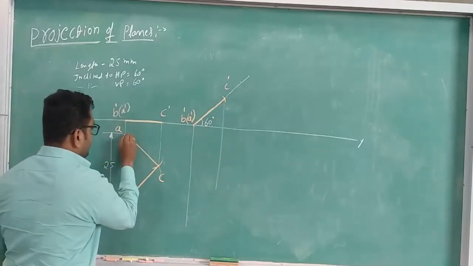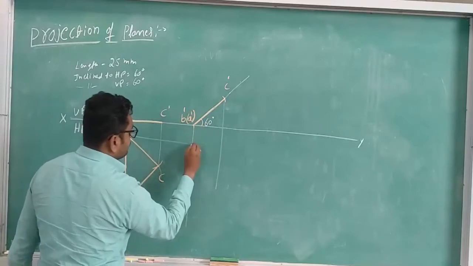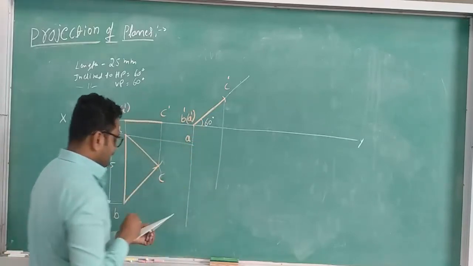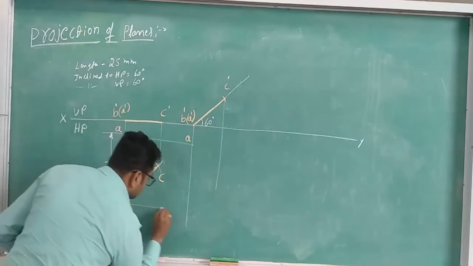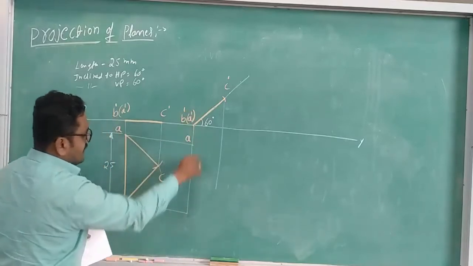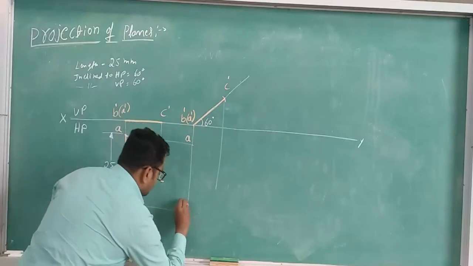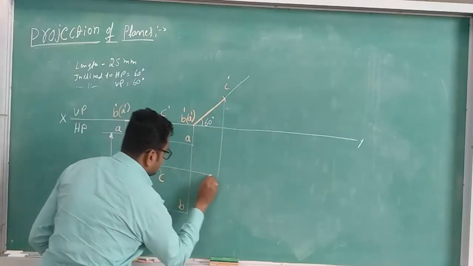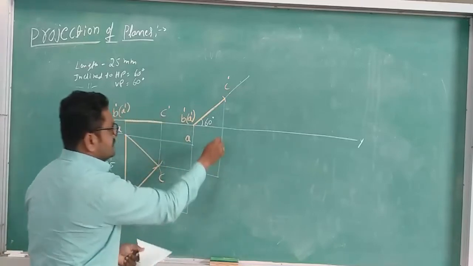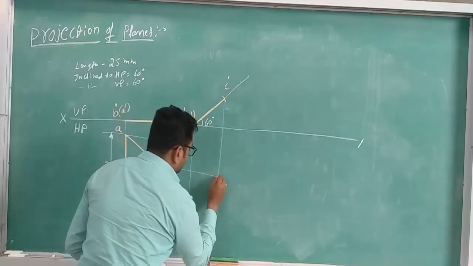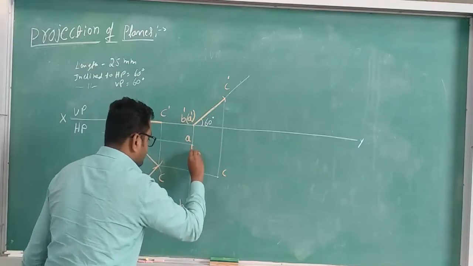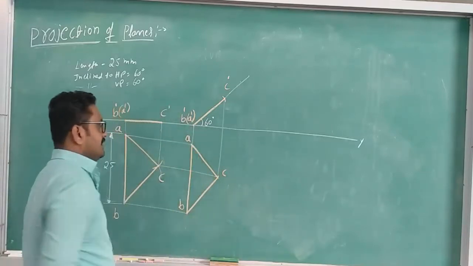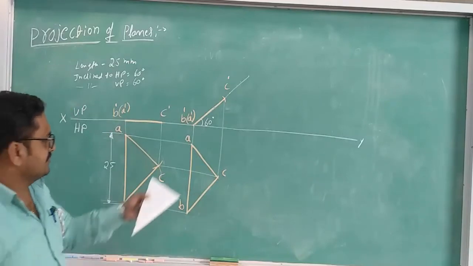We will get A, and here A dash, this meeting point will be A, and same way B dash is on the same point, you will get B, and last C dash, and we will get C. Then join A to B, B to C, and back to A. Like this, second step is finished.